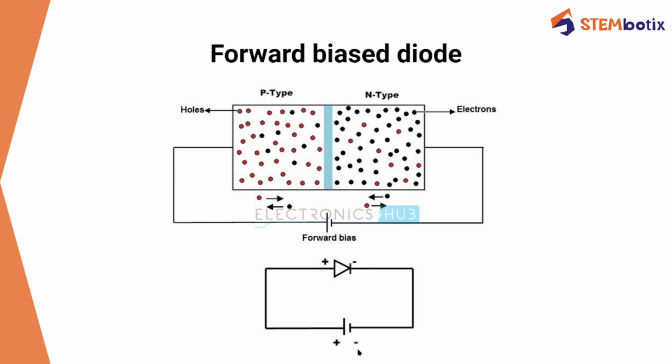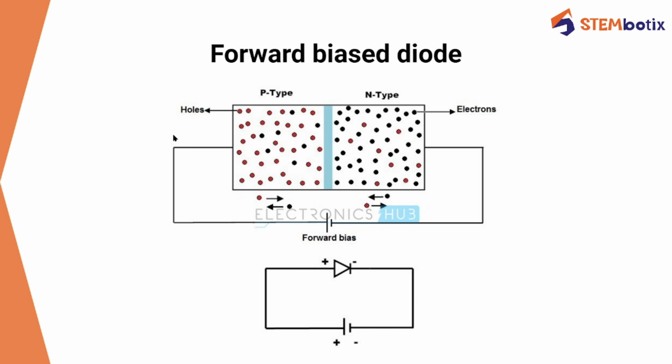Whenever a diode is connected to a battery like this, the positive terminal of the battery is connected to the p type, or arrowhead, of the diode, and the negative terminal is connected to the cathode, or vertical line, of the diode. This one is p type and this one is n type.